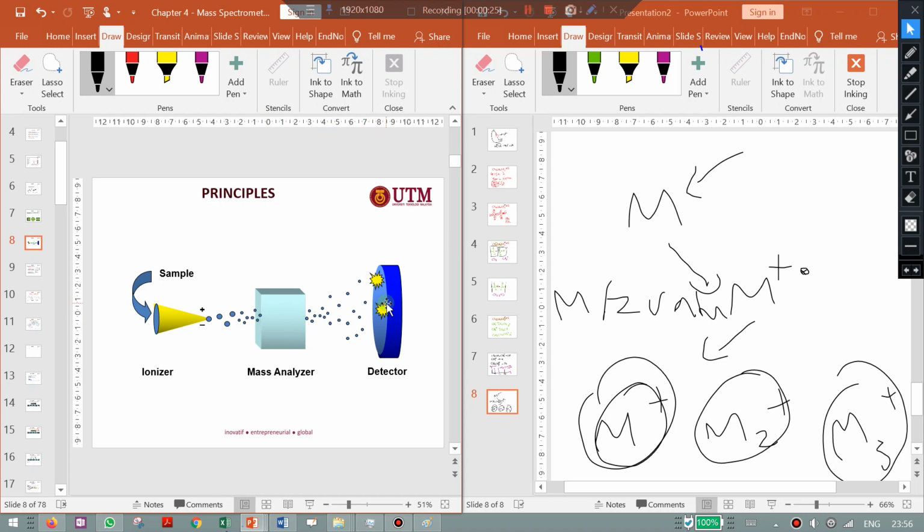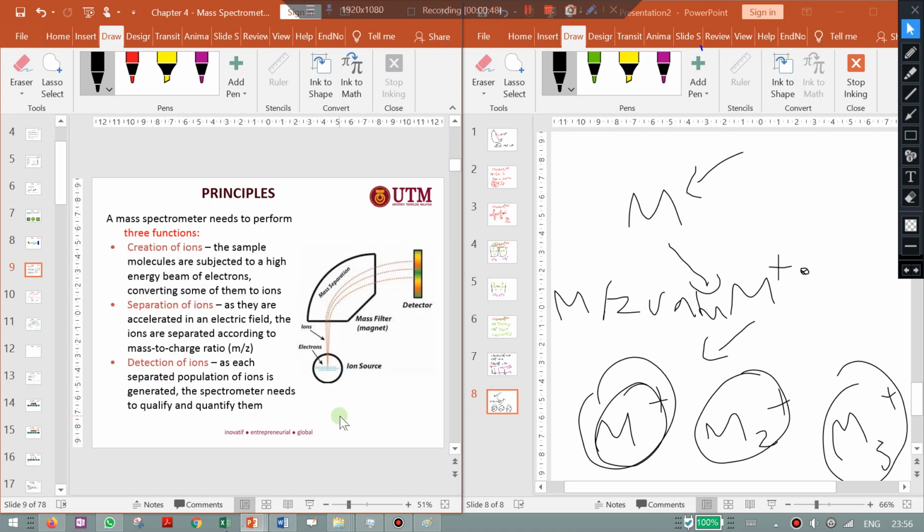It's actually calculated based on the acceleration, the frequency, and how much charge you give to divert the ions. Based on that, it tells you what the mass to charge ratio is for that particular molecule. Alright.